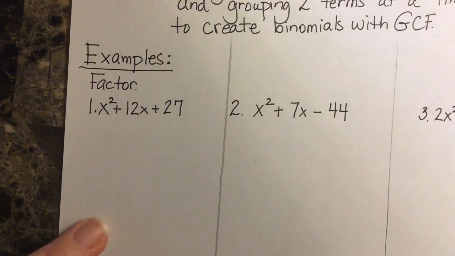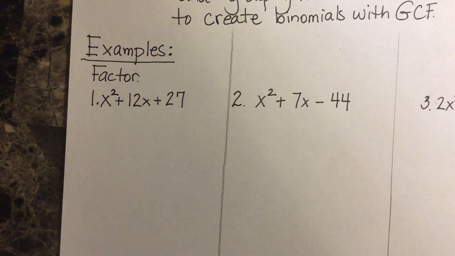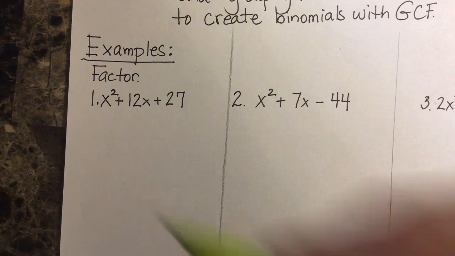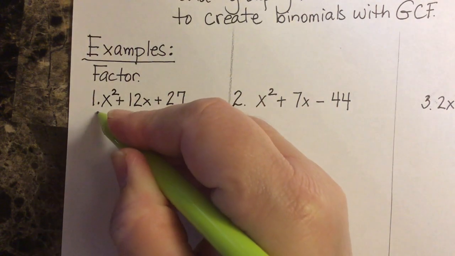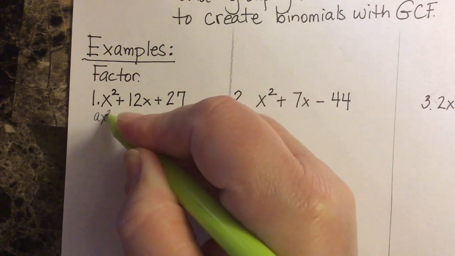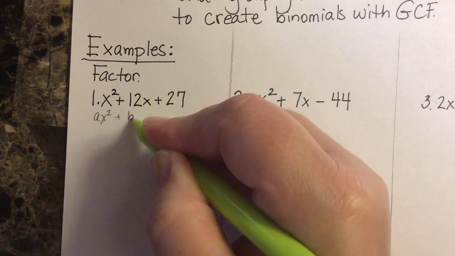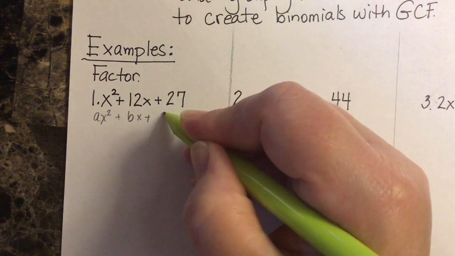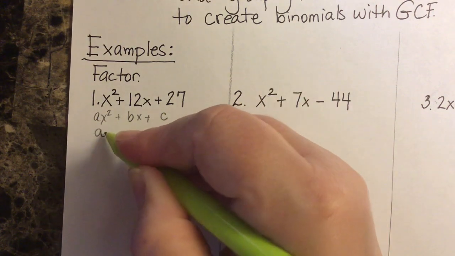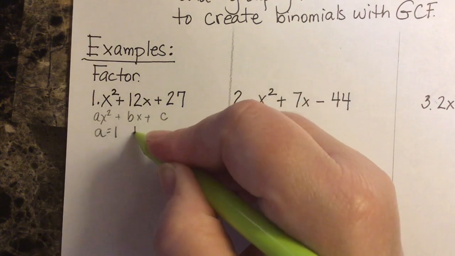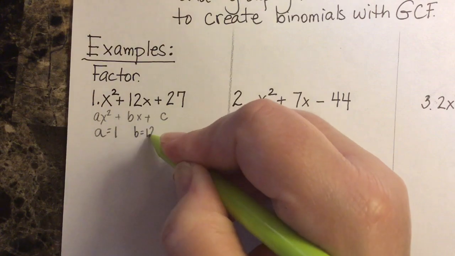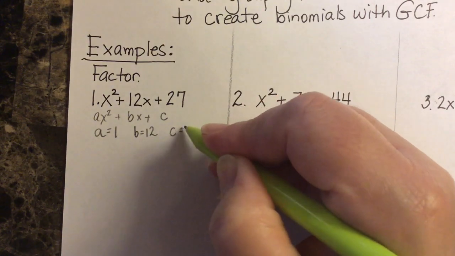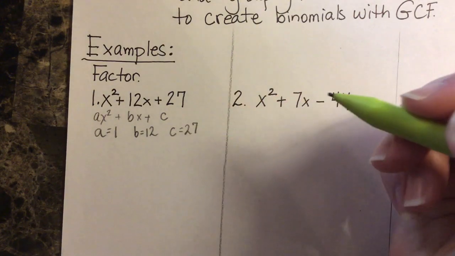Okay, looking at number 1, x squared plus 12x plus 27. Remember, this is a quadratic in the form ax squared plus bx plus c. In this quadratic, a is 1, b is 12, c is 27.